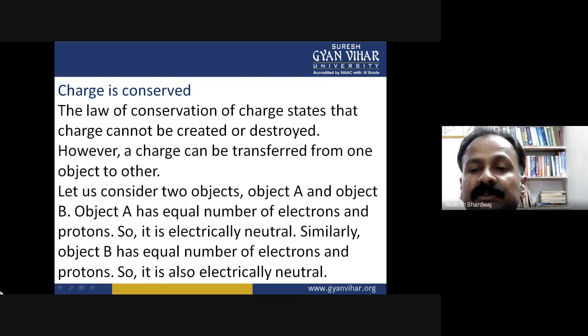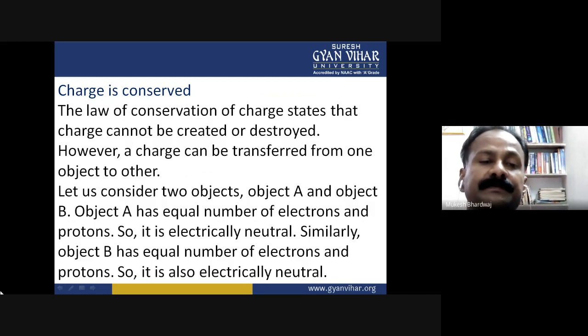According to the special theory of relativity, the mass of a body increases with the velocity of the body. The net charge of a system remains conserved in all inertial frames of reference. That is, net charge of a system is relativistically invariant, whereas mass is not conserved by itself in relativistic processes.